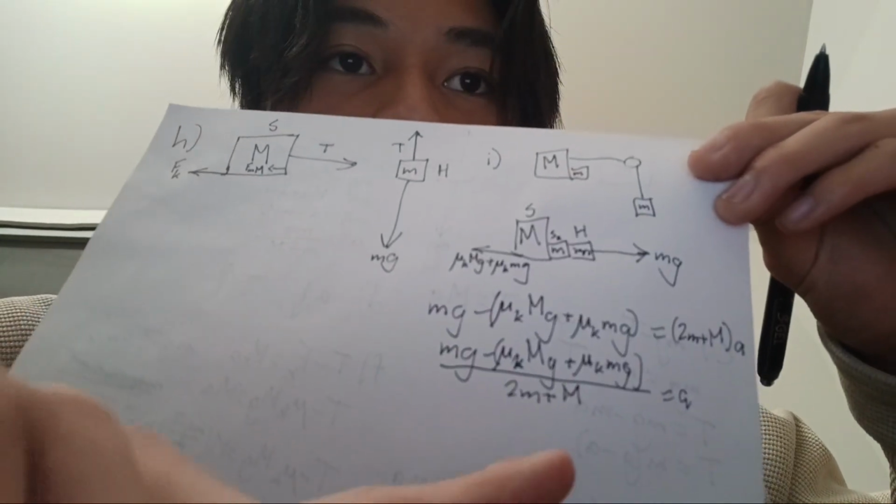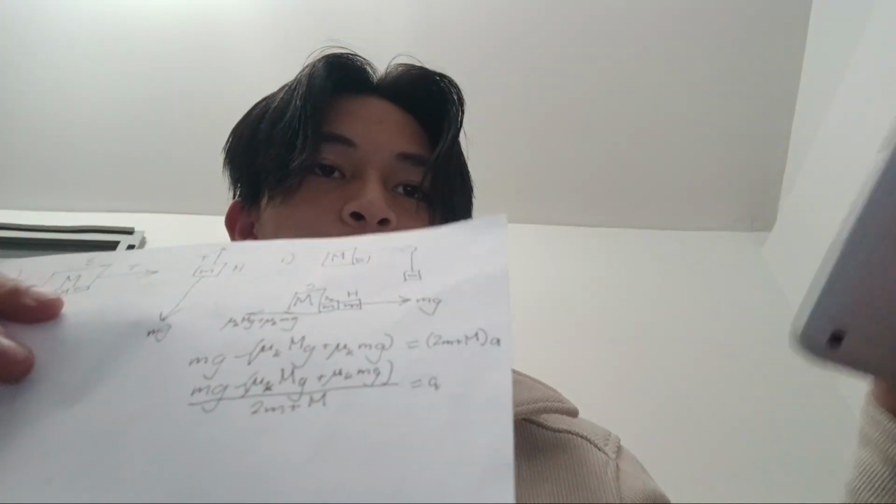And then capital M, get my calculator here, capital M is 2 kg, and then lowercase m is 3 kg. And then the coefficient of friction is 0.18.